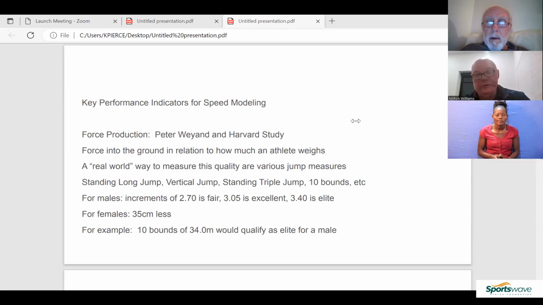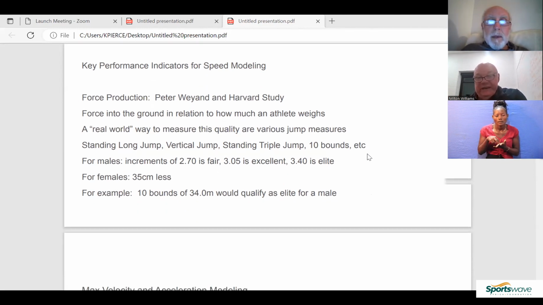When we look at a group of sprinters or athletes or runners, you'll find in general, it's not a perfect correlation, but they'll exhibit certain characteristics. One of those, for example, is that among the elite athletes in the United States, where we use feet and inches, they tend to do their jumps in increments of 10 or 11 feet, or about 3 meters 40.